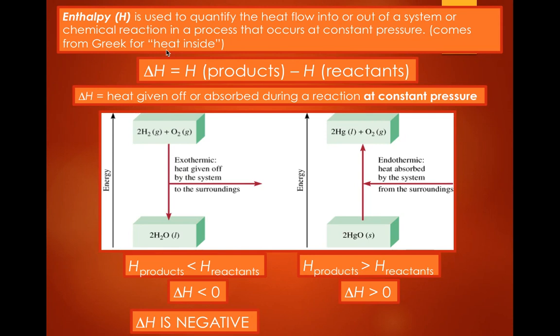So if delta H is negative, it's exothermic. Now, if the enthalpy of the products is greater than the enthalpy of the reactants, and the change is greater than 0, then delta H is positive, and it's going to be endothermic.